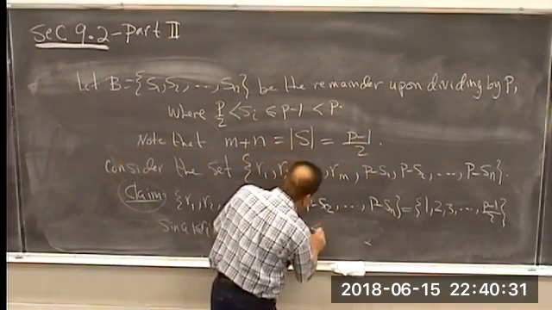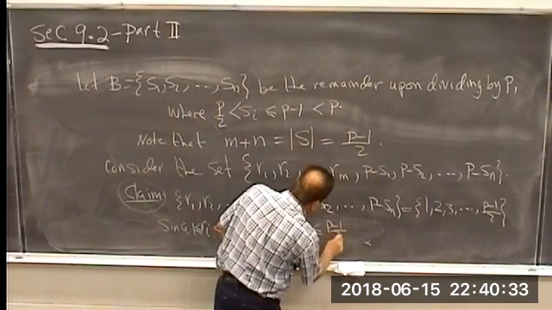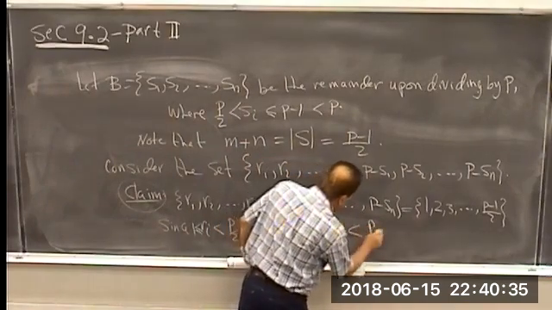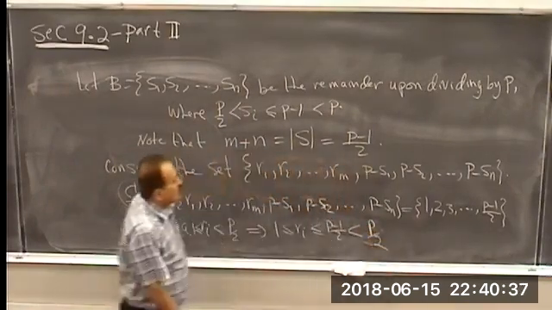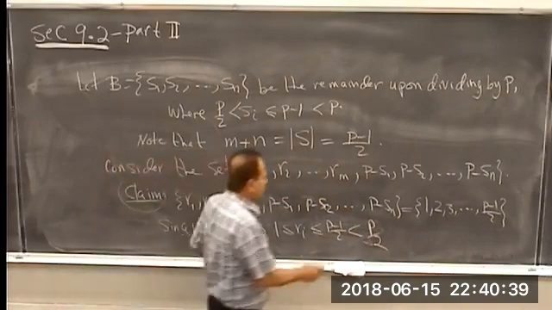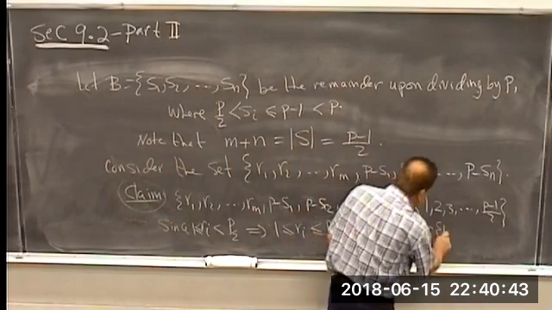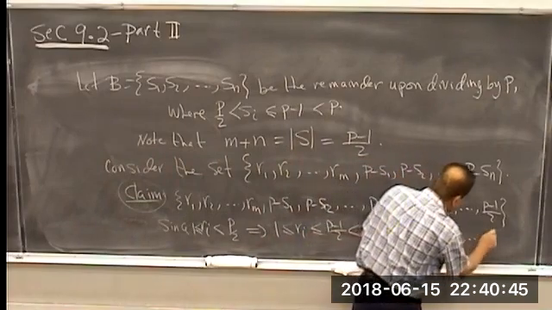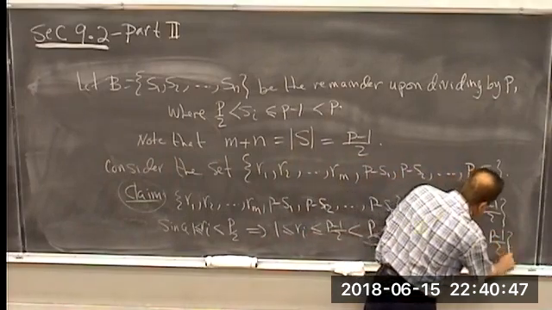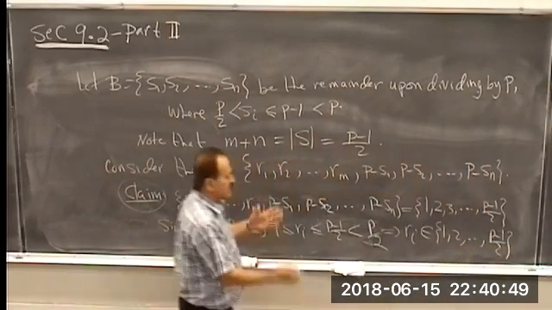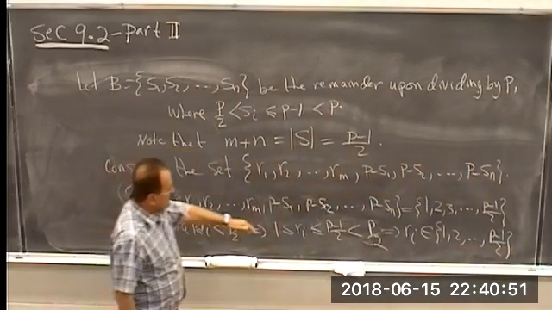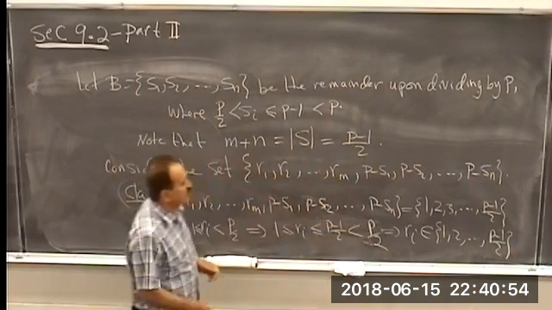Yeah, this one is less than or equal to p minus 1 over 2, less than p over 2. I'm sorry. And this means that the r sub i's do belong to the set, because each of the elements in here is squeezed in between 1 and p minus 1 over 2.